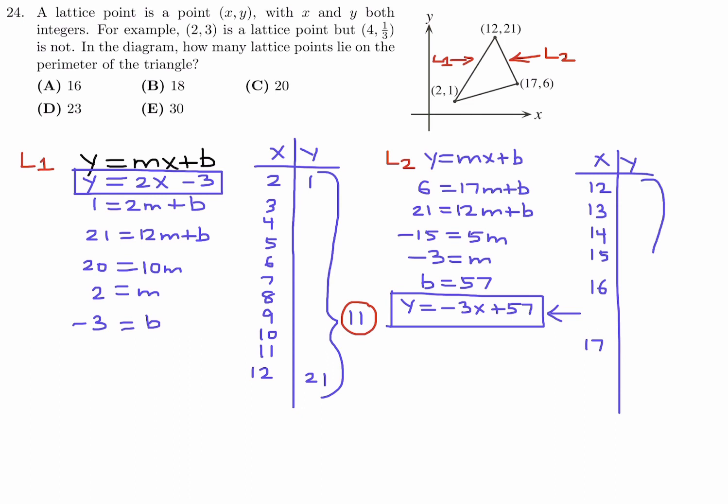So that means all of these will be integer values for y. So we have 1, 2, 3, 4, 5, 6. So 6 values that are integers. 6 pairs. 6 lattice points, basically.